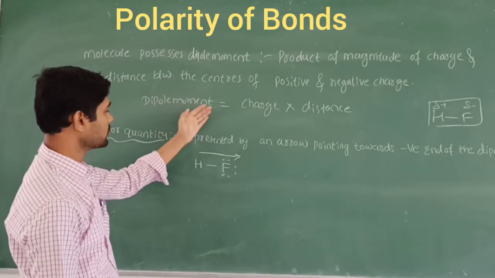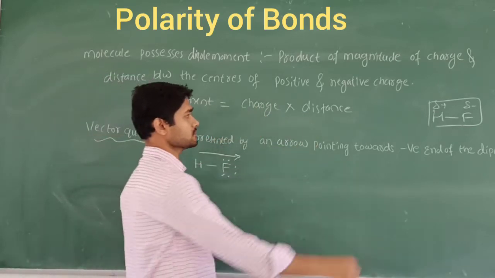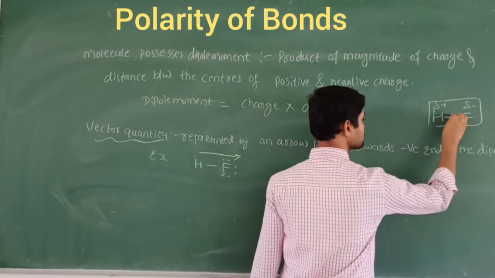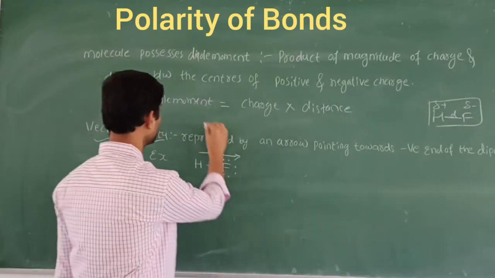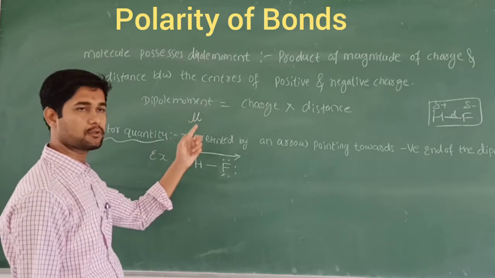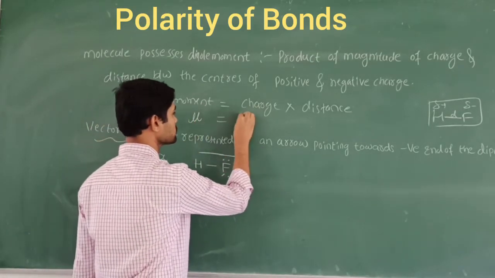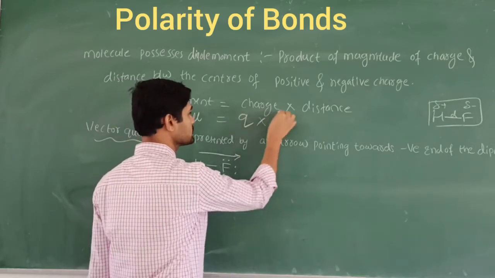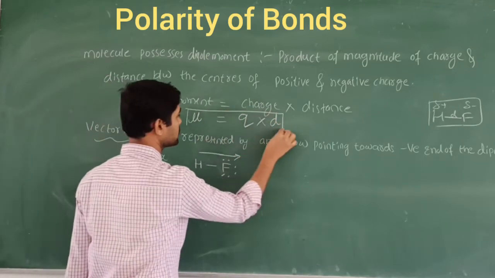In formula form, dipole moment is equal to charge into distance. Here distance is the small letter d, and the charge is q. We write the dipole moment as mu.